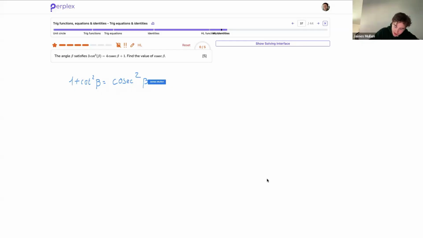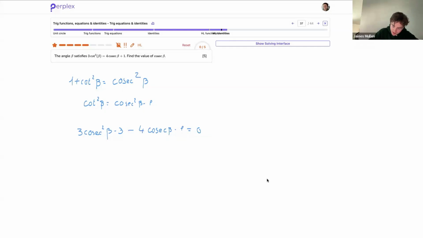So I can write cot squared of beta as cosecant squared beta minus 1. So my left-hand side becomes 3 cosecant squared of beta minus 3. And then if I subtract the right-hand side, minus 4 cosecant beta minus 1 is equal to 0.